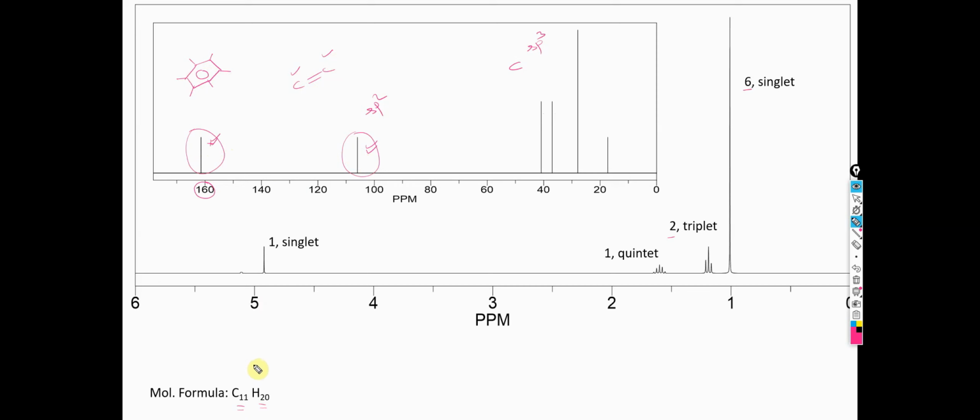Okay, that's one. And also, if you look at the maximum number of hydrogens this molecule can have, if you had an open chain hydrocarbon like an alkane, right, you will expect that for 11 carbons to have 24 hydrogens based on the 2n plus 2 rule, and you have a difference of 4.